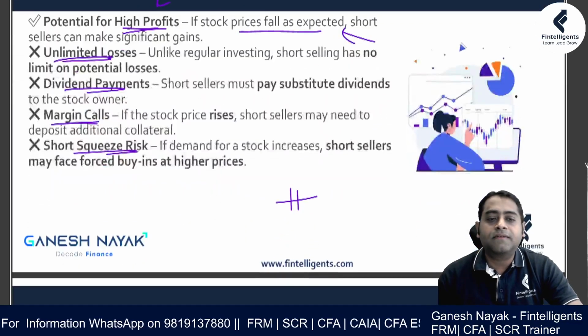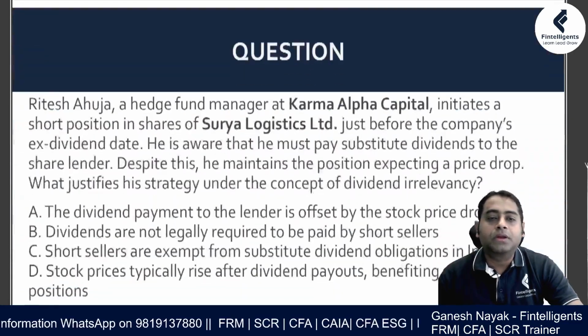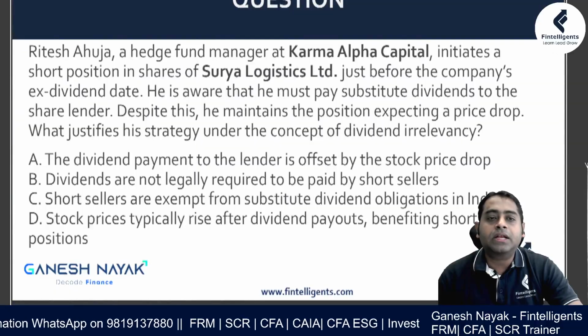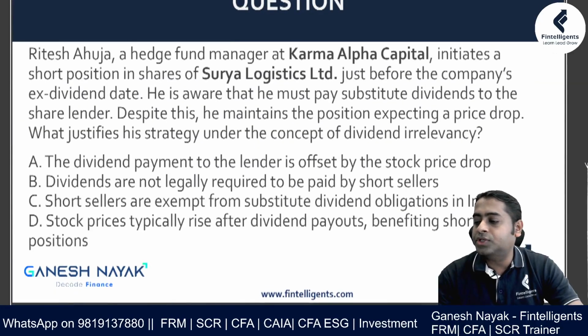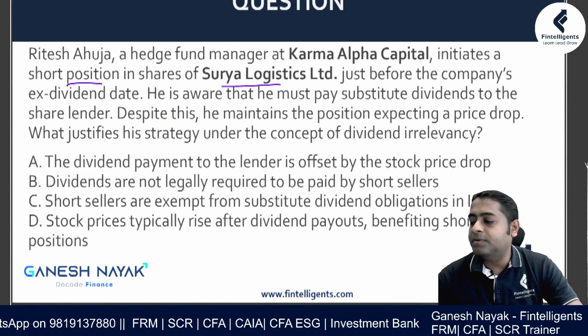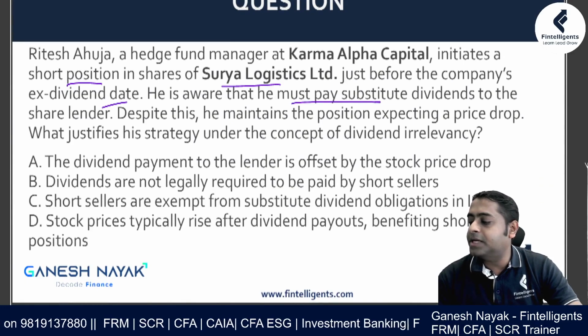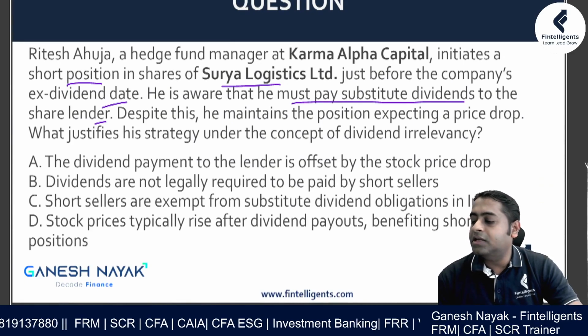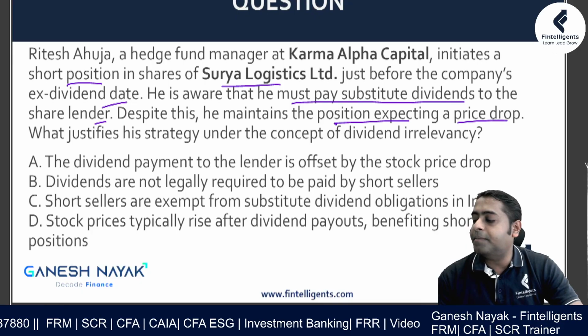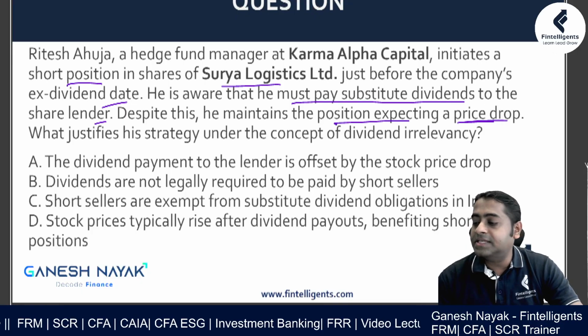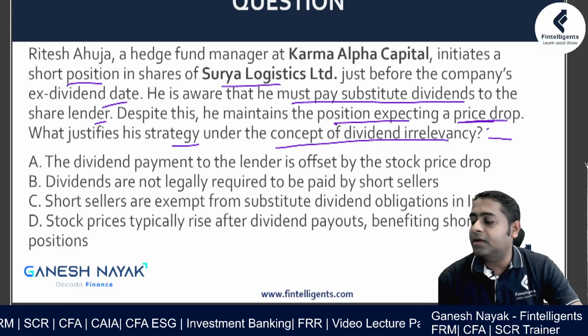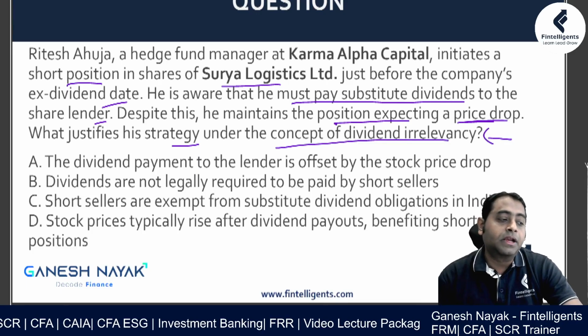Look at this first question. Ritesh Ahuja is looking at initiating a short position in the share of this company just before the company's ex-dividend. He is aware that he must pay the substitute dividend to the lender. Despite this, he maintained a position expecting a price drop. What justifies his strategy under the concept of dividend irrelevancy? Read all the options.